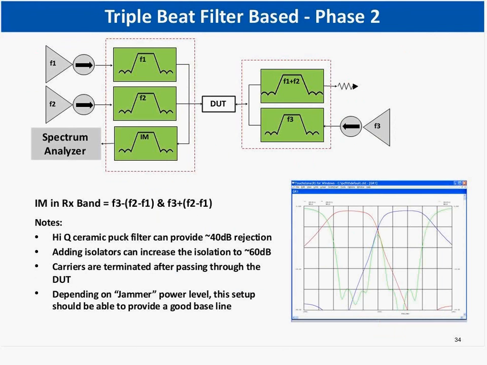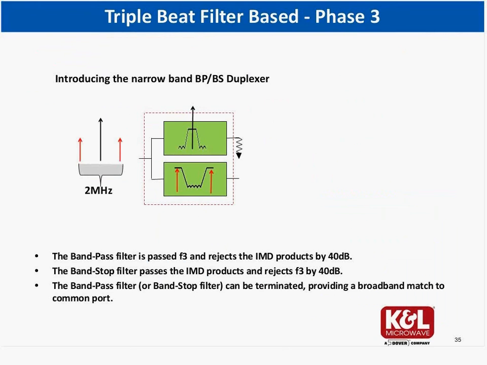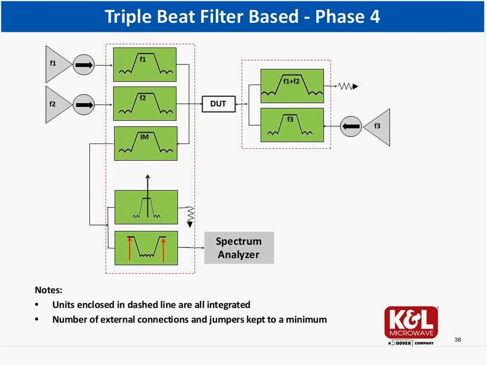Therefore, we are introducing a duplexer, which is a 1 megahertz duplexer, to combine the signals. And we're introducing a new device, an old device, a BEMPAS bandstop. This is just 2 megahertz apart. So now using this combination, we are fulfilling the task.